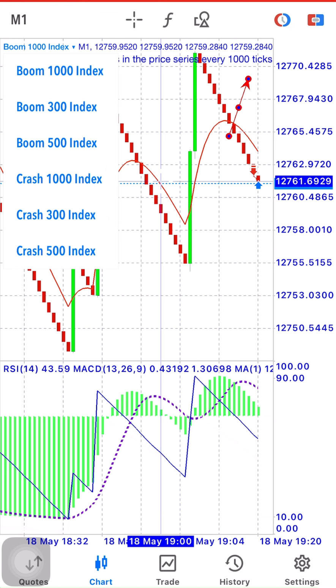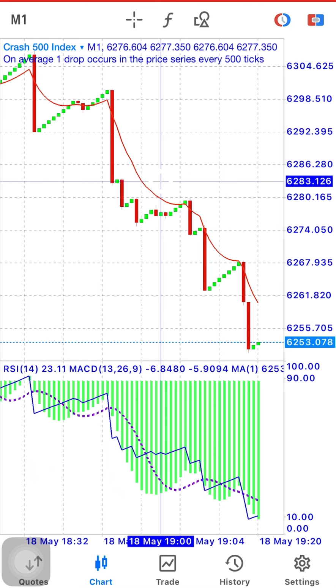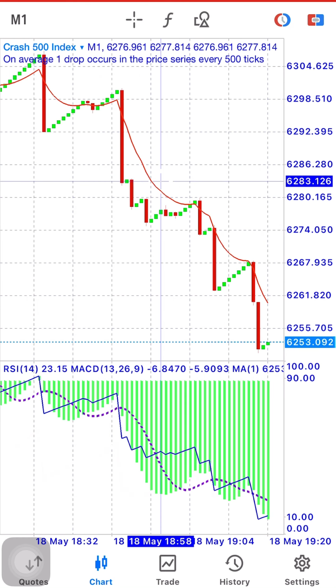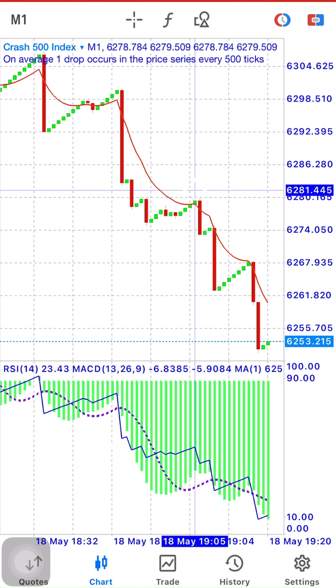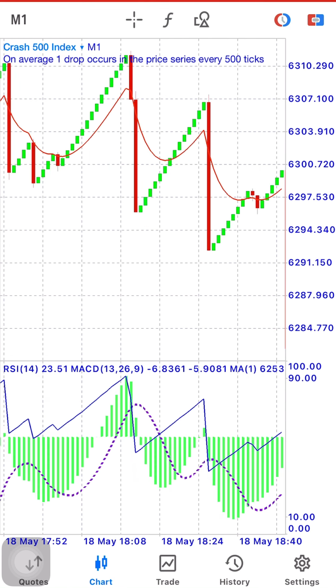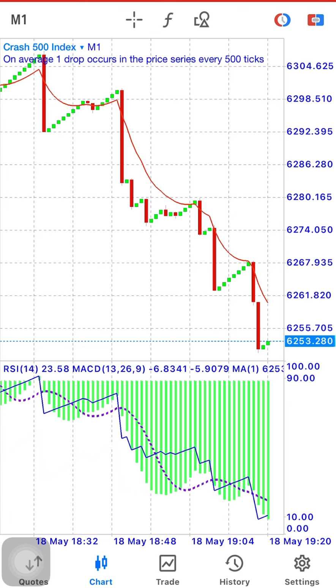Then now we can say, okay, like this. Let's check crash 500 to see if there is a buy opportunity here. Now a series of spikes has occurred. So what is the condition of the market now? The market condition is still going down.